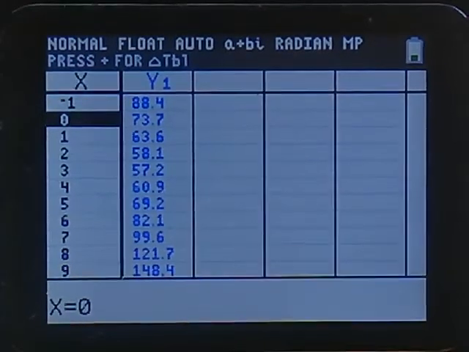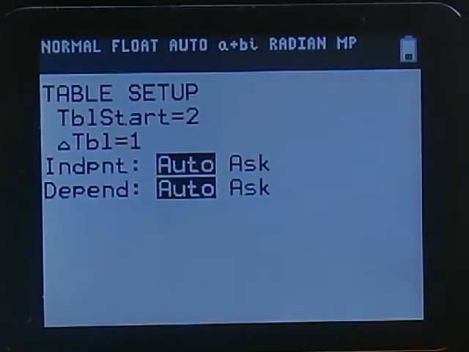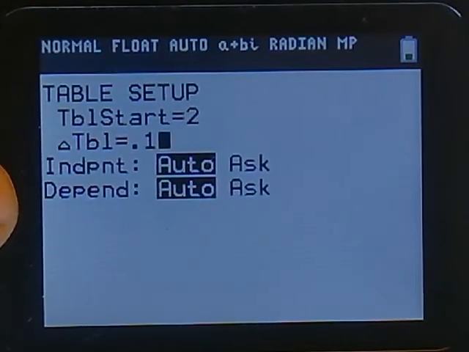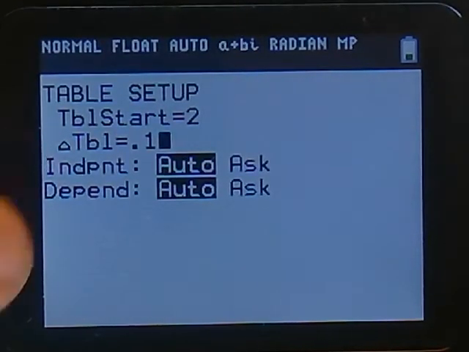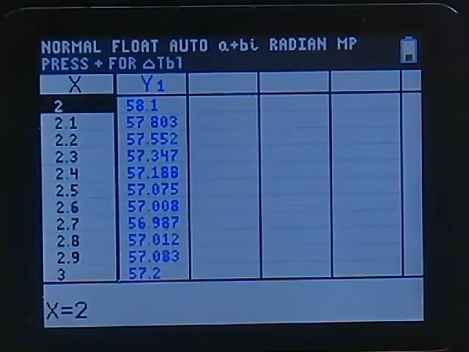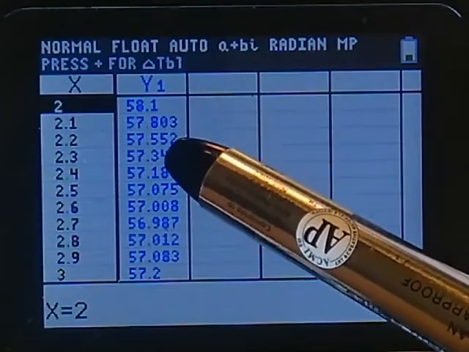Let's see what happens here. So I'm going to go table set. Let's start at 2 and go by, that little triangle means change in. Let's go by point ones and see what the table looks like, okay? Now, according to this, we can see where it's getting smaller.